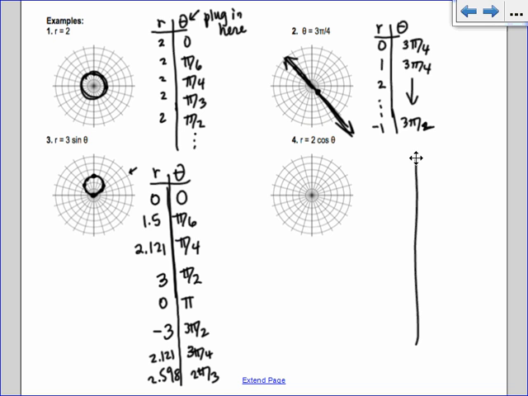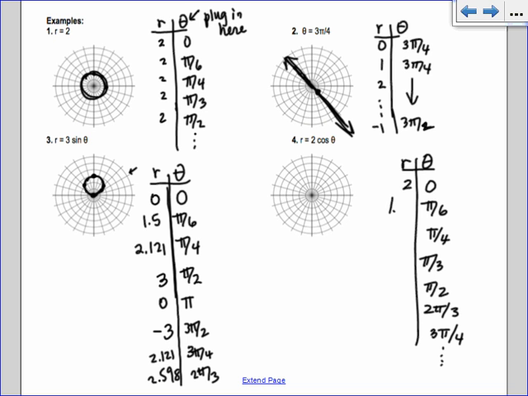All right, so if I do r and theta, and I start plugging in different values for theta, so like 0, pi over 6, pi over 4, pi over 3, pi over 2, 2 pi over 3, and 3 pi over 4. And you could go on if you wanted to.